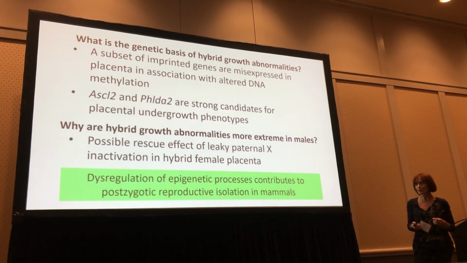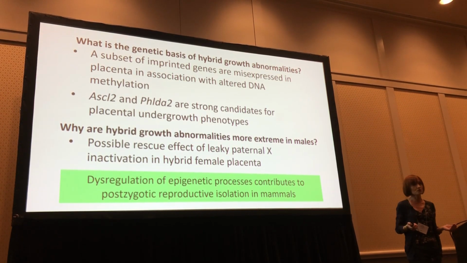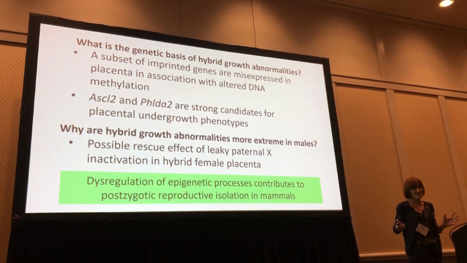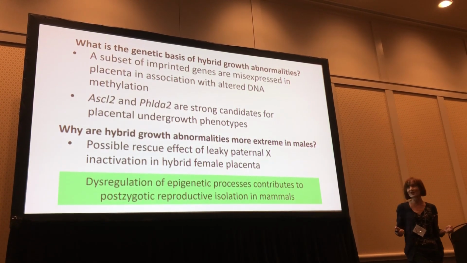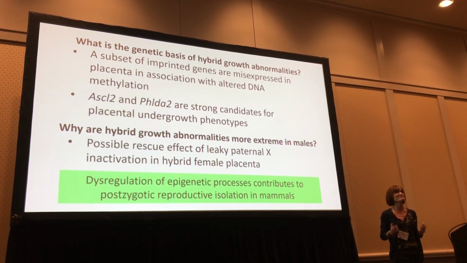And in general, we think this is cool data because it shows that dysregulation of epigenetic processes, both in regulation of imprinted genes and X inactivation, can contribute to postzygotic reproductive isolation in mammals.